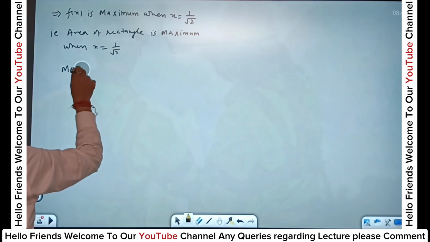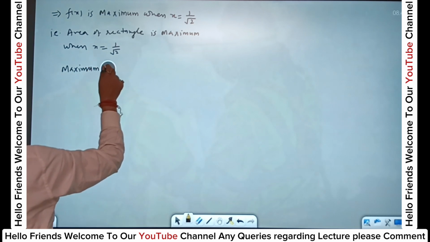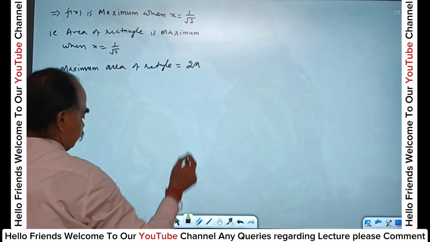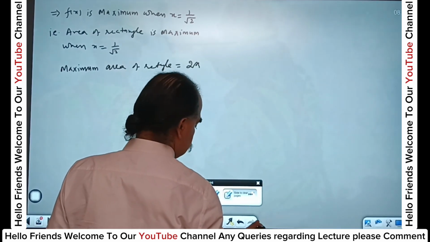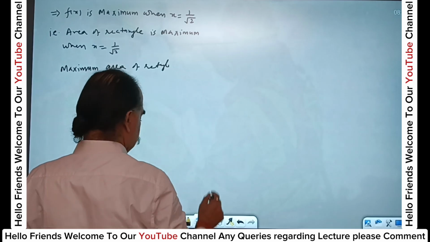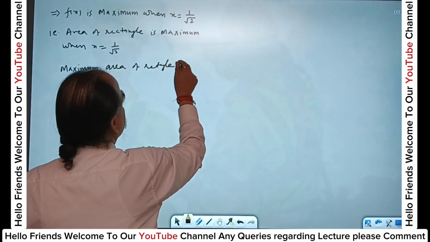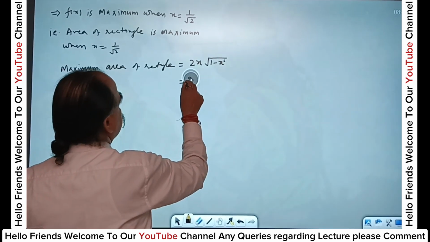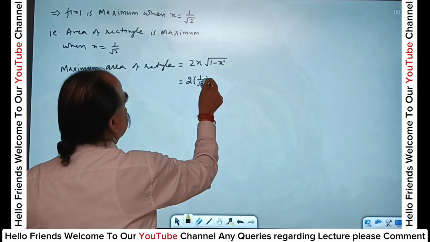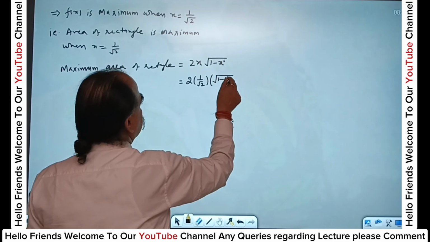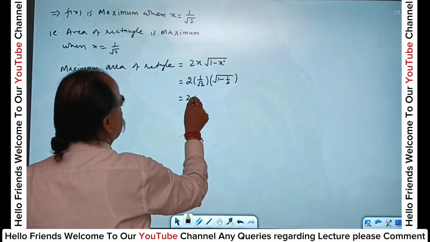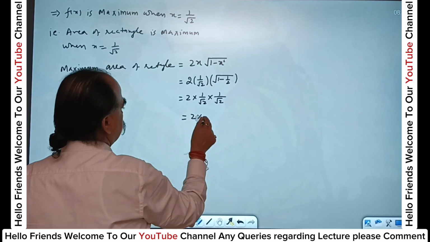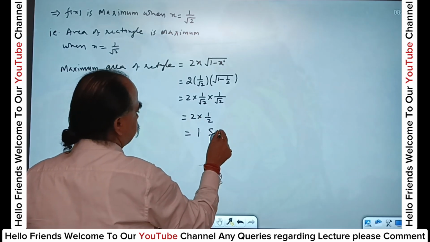Maximum area of rectangle is what? 2x into root of 1 minus x square, is equal to 2 into 1 by root 2 into 1 by root 2, which is 1 square unit.